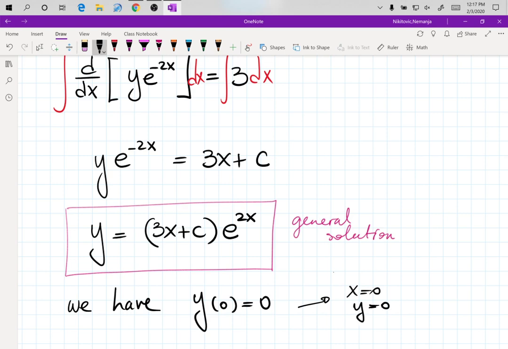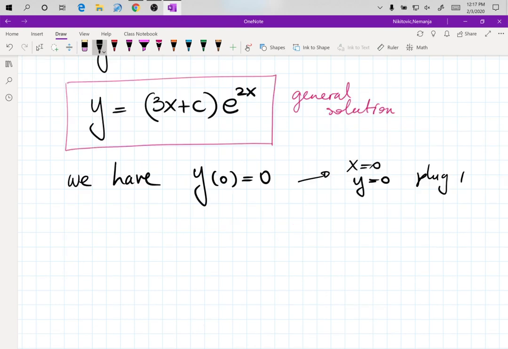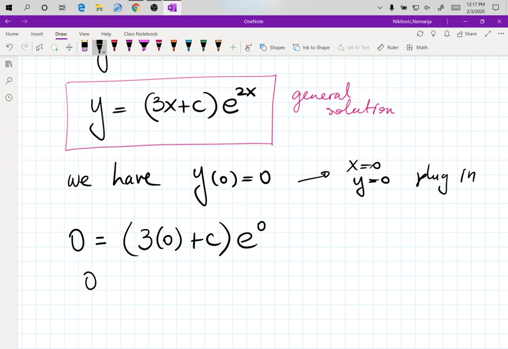Plug in. 0 equals 3 times 0 plus c times e to the 0. C has to be 0. So I have 0 equals c times 1, c equals 0.